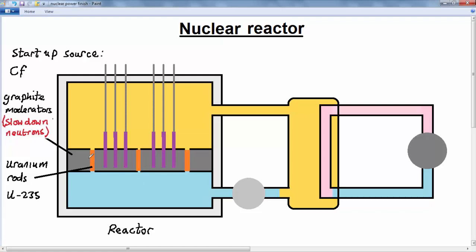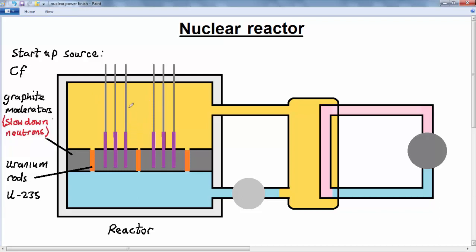And if you're not careful, your chain reaction could get out of control and you get a nuclear explosion. So what is very important in this energy production system is that we're able to control that chain reaction.